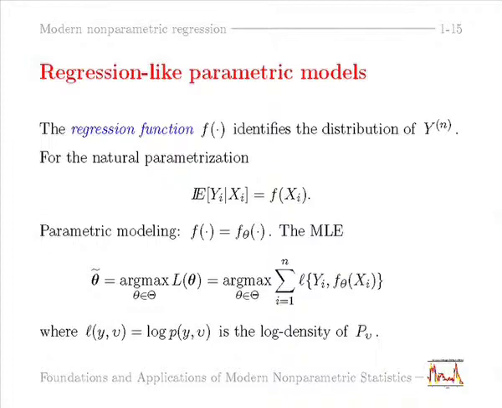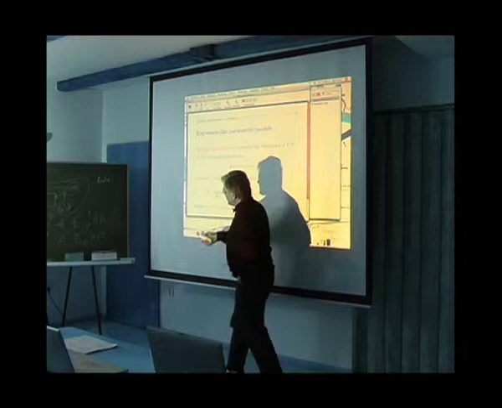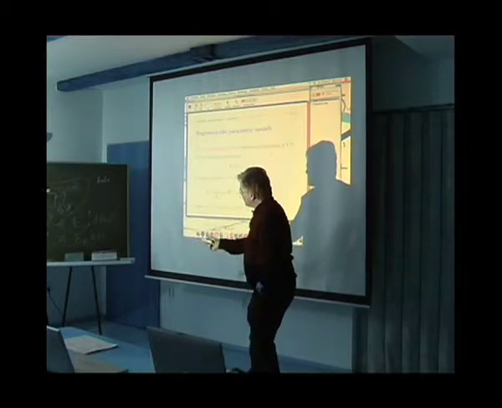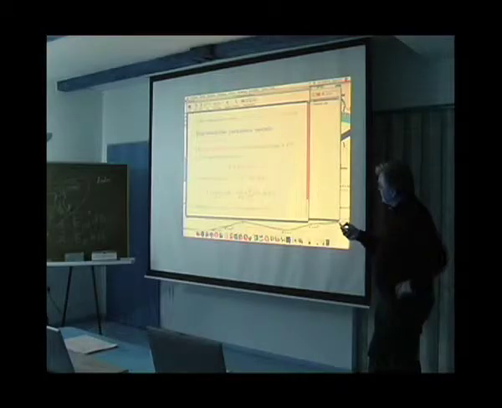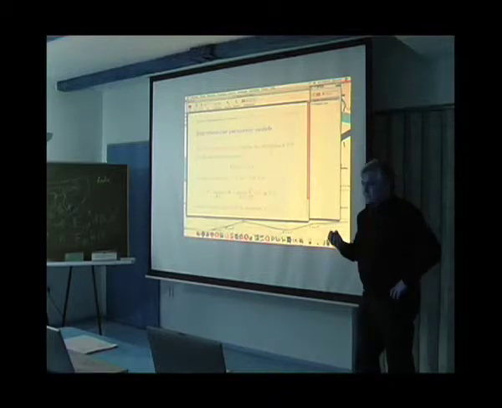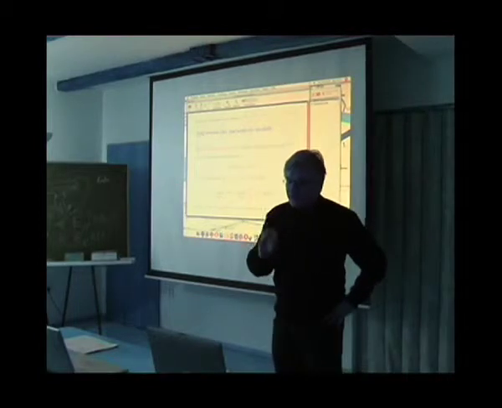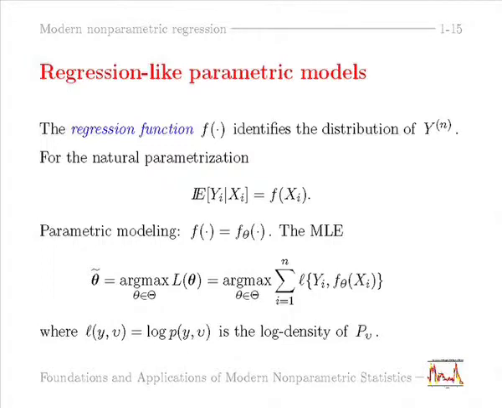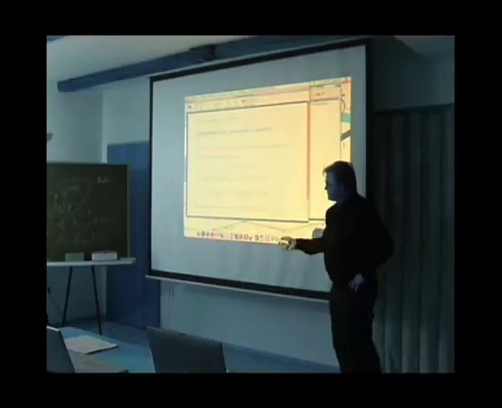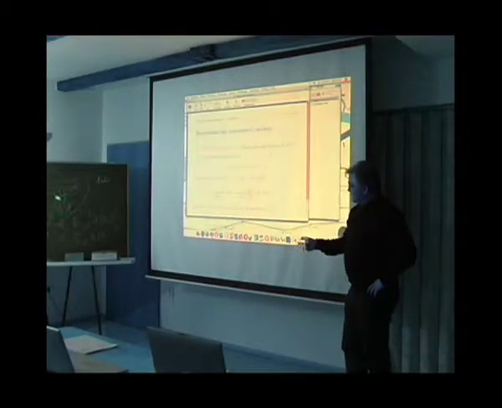Now, the expected value of y, but this is the true model, so I could probably write here, we are in this space out here. The true model, non-parametric model, no parametric anymore, is now f of xi. And of course, f of xi is an unknown function. F is an unknown function. If f is just equal to theta, a constant function, then it's back in this square, back to the parametric model.